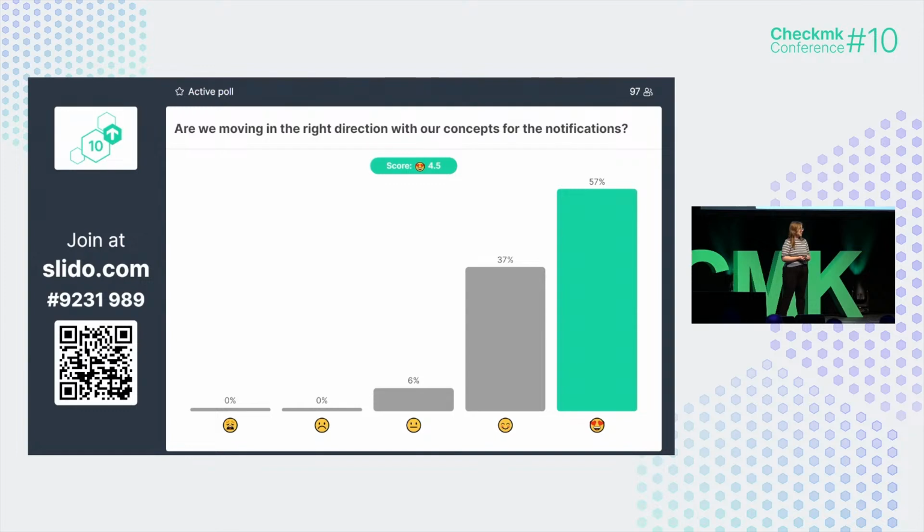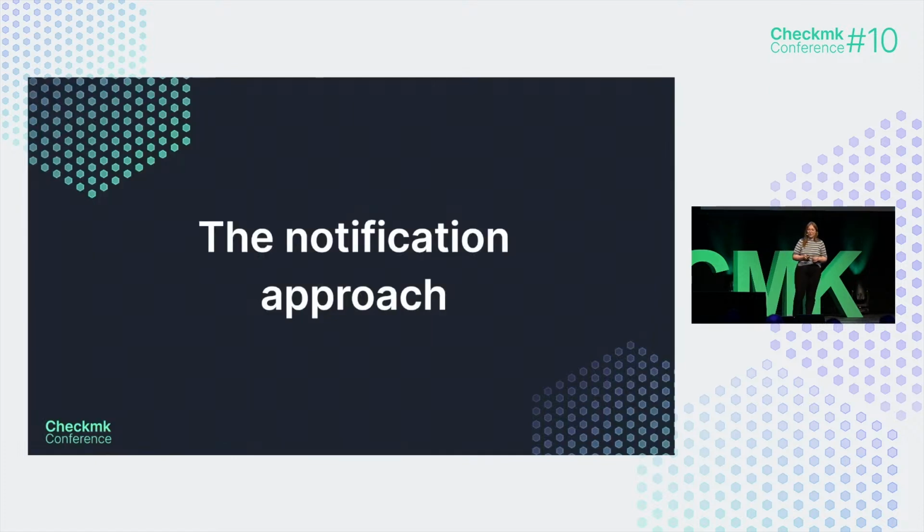So, I would love to end the talk now, but there's one last thing I want to talk to you about. And that's the notification approach. It's something we are also divided internally about, so I want to quickly walk you through it and see what you think about the topic, because in the end, you are the people who need to use it.